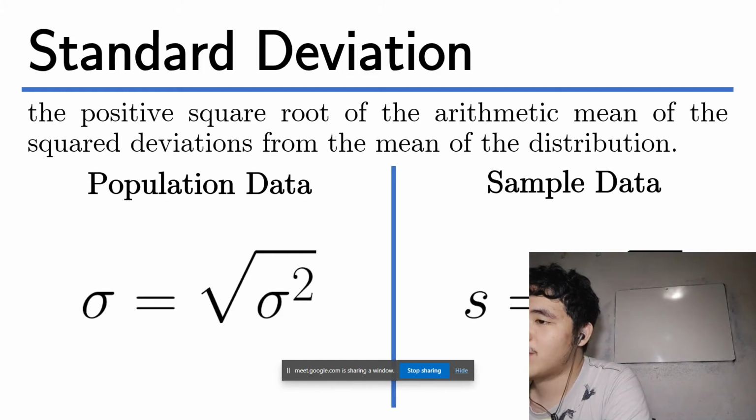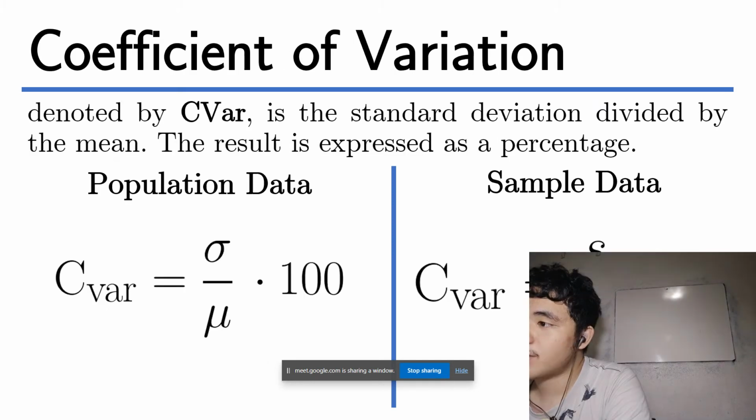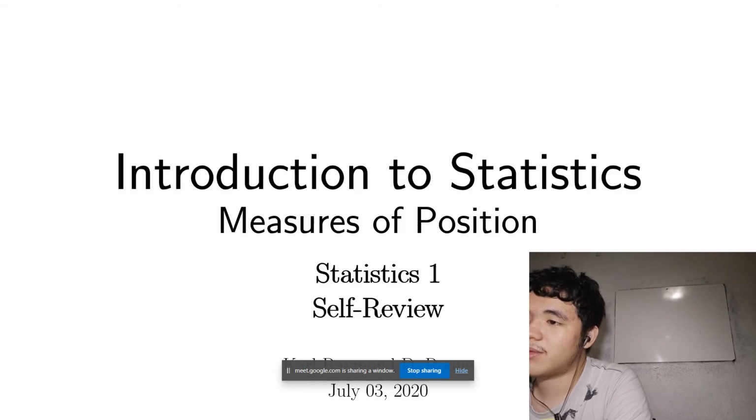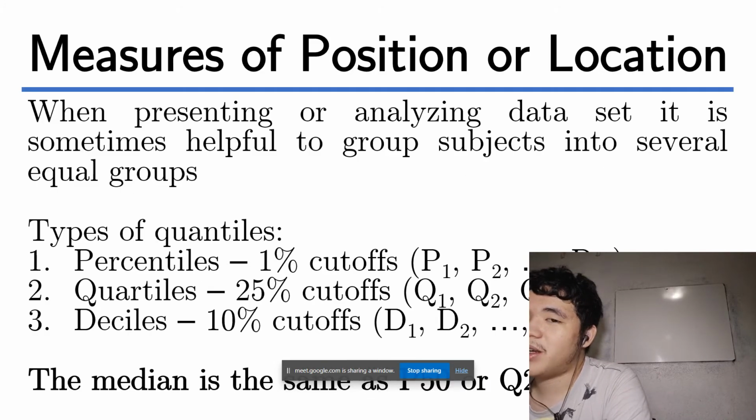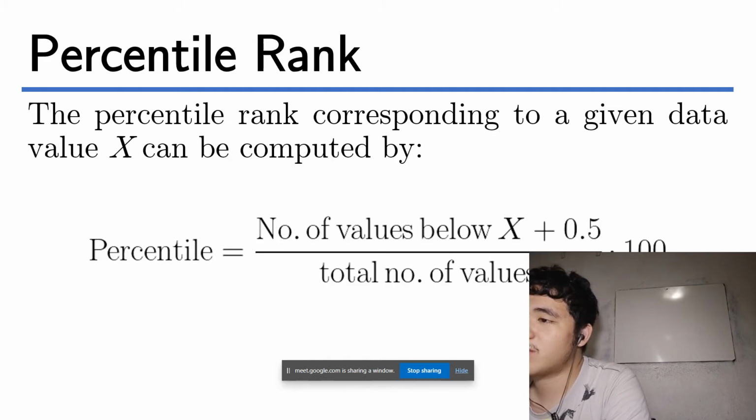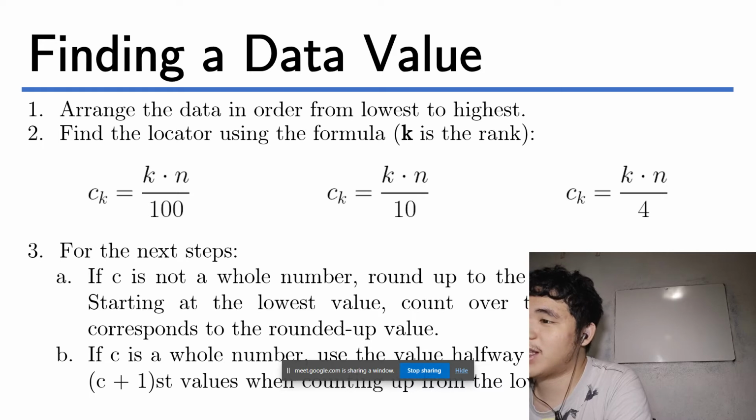Next, standard deviation, ito. Coefficient of variation, ito. The measures of position, ito yung mga possible na ibigay sa inyo. Percentile rank is number of values below x plus 0.5 over total number of values times 100. Then, to find data value, get the locator first. Ito.